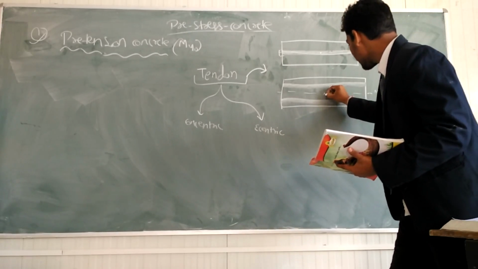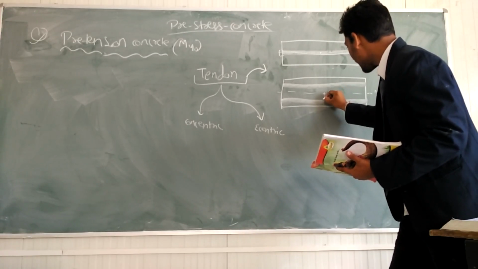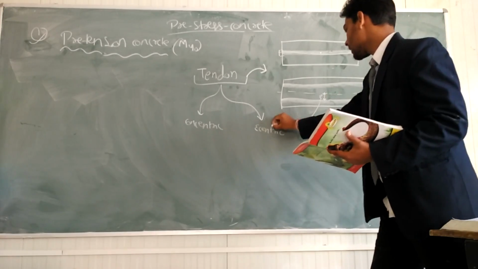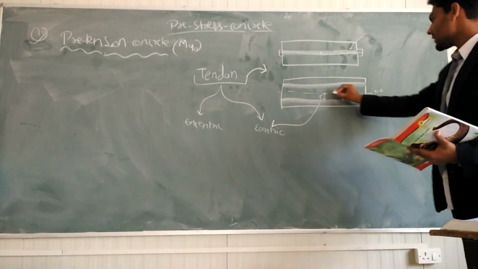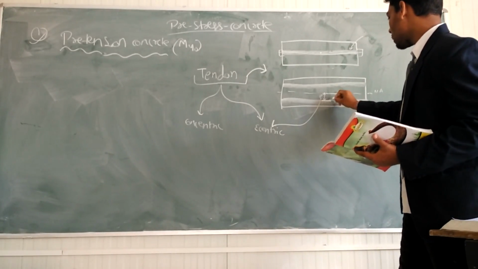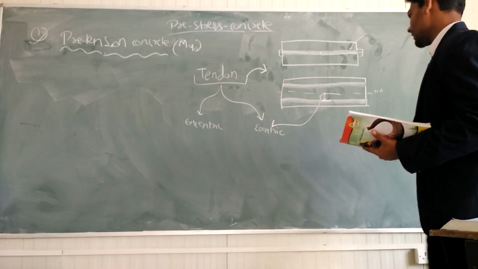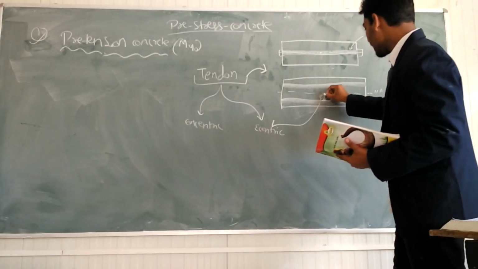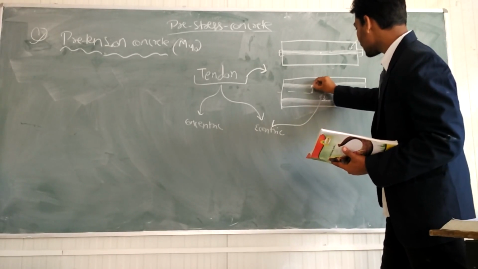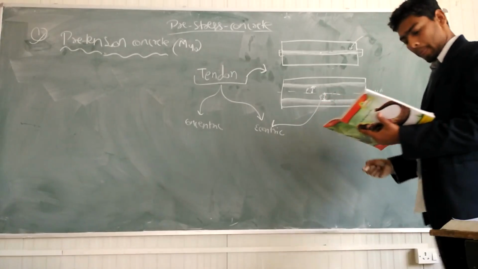The distance between the neutral axis and the provided tendon is called E, and it is known as the eccentricity. This E can be in the lower half of the portion or in the upper half of the portion.